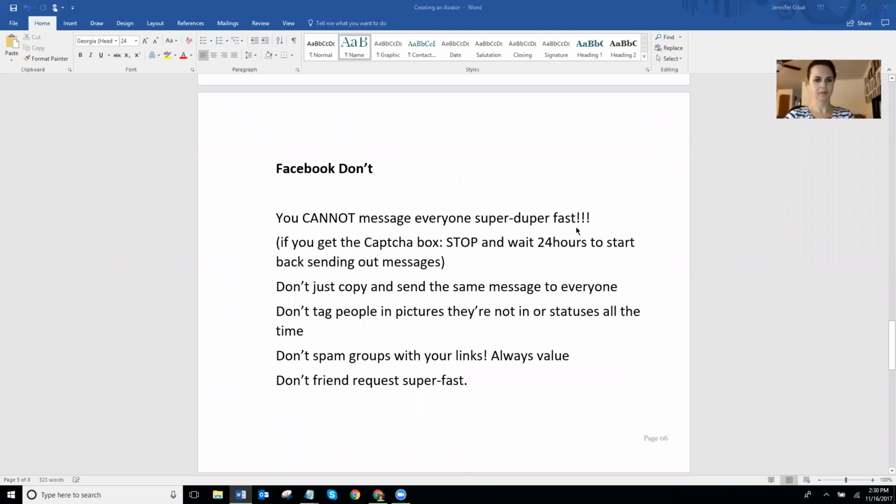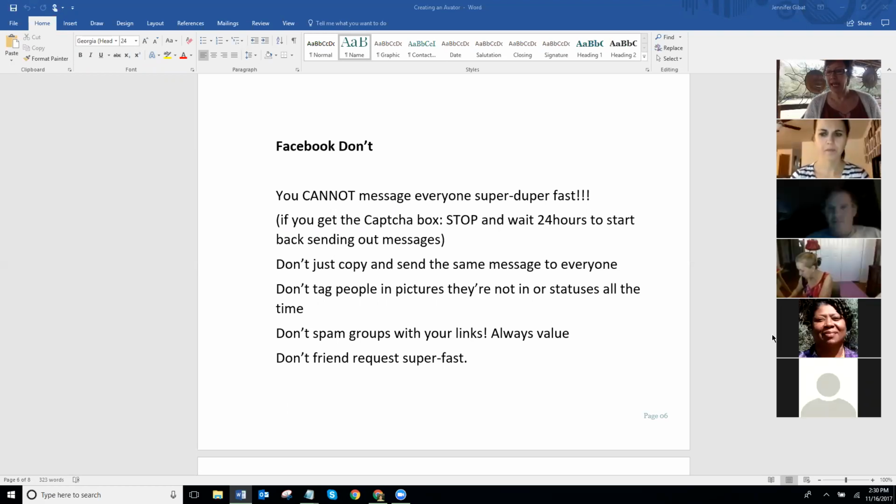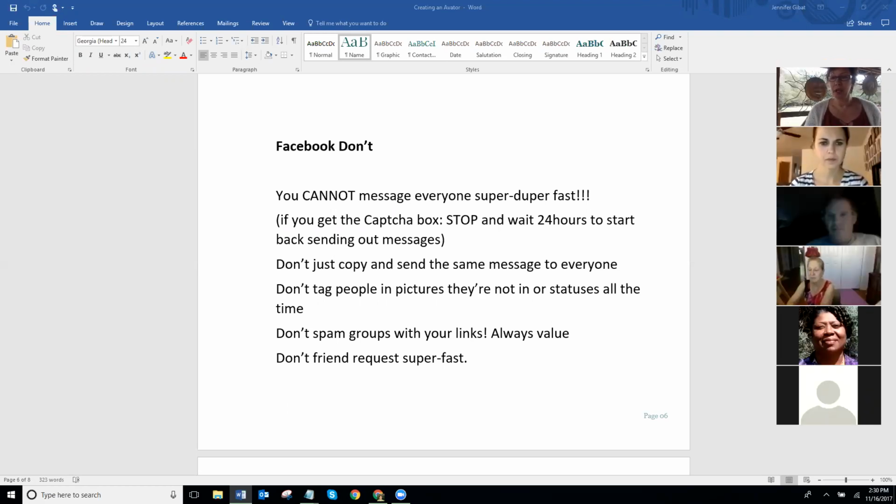So some of the do's and don'ts before we end: don't go super, super fast. I target between 25 and 50 people every day.